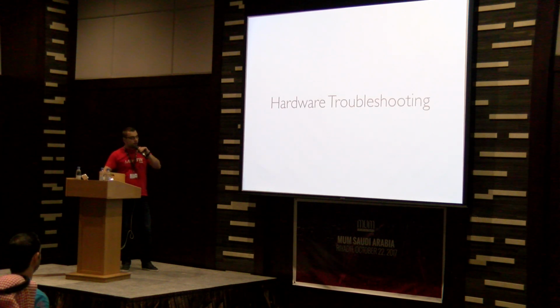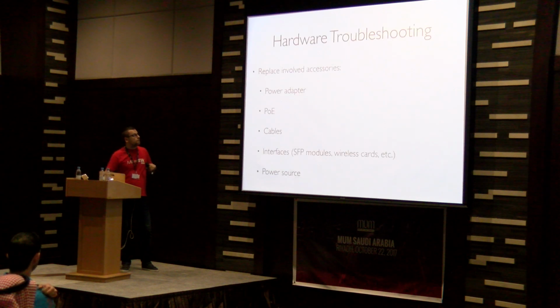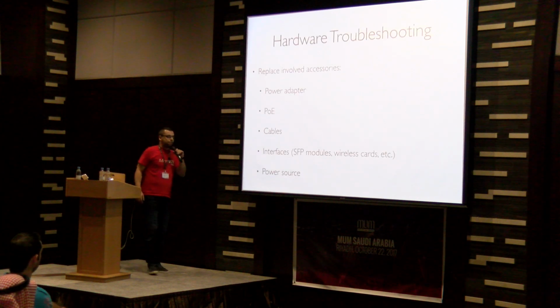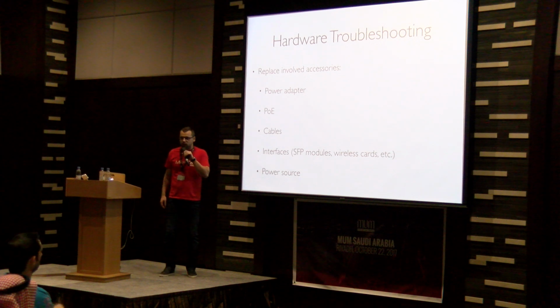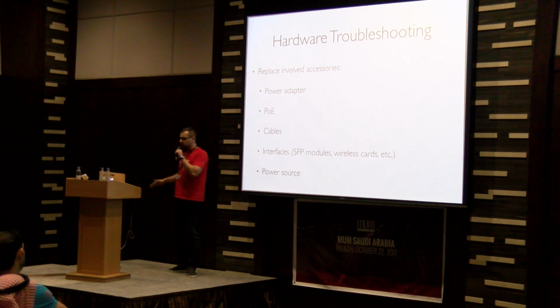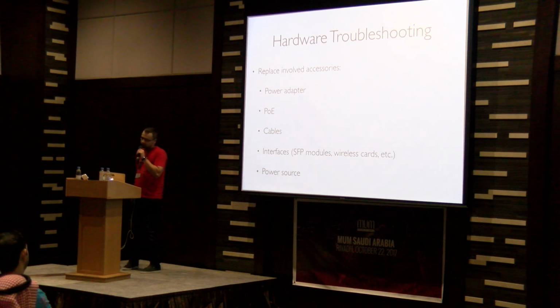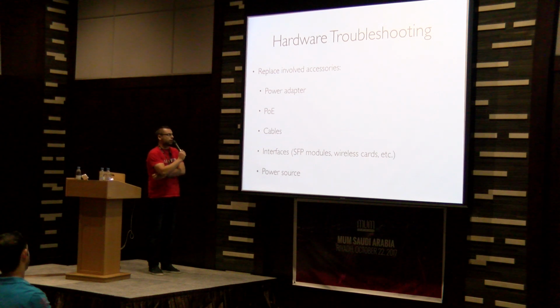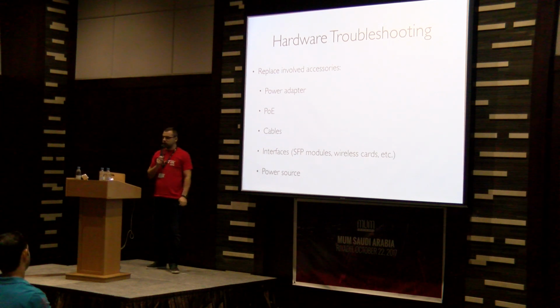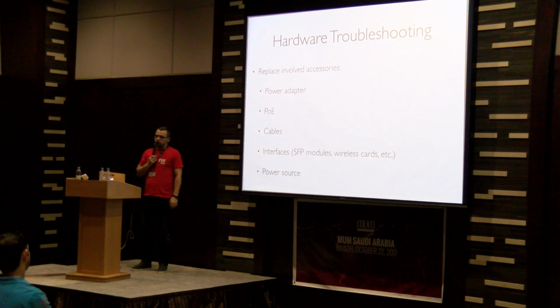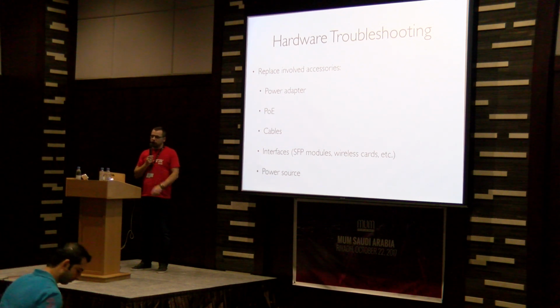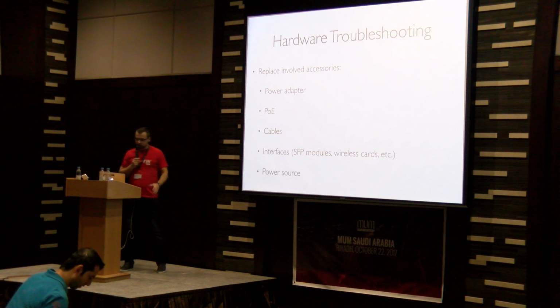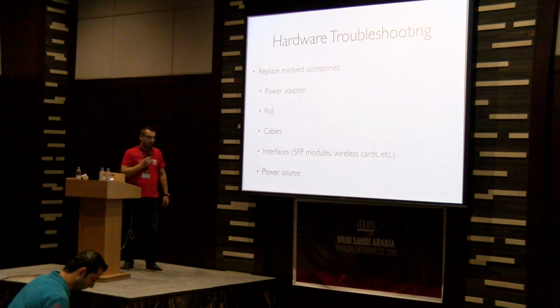And hardware troubleshooting. If a router isn't working, the router isn't the only device in the equation. In most cases, let's say if we have some wireless access point in the tower, you say, for example, the Ethernet interface is flapping, but who's to say that the router is the problem in this equation?